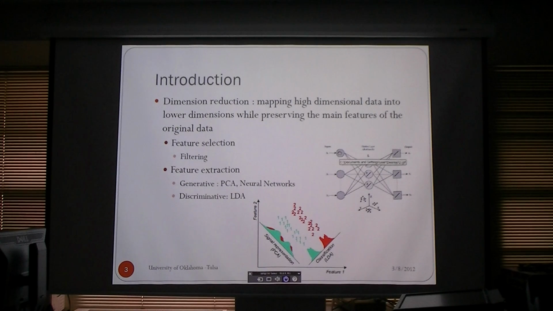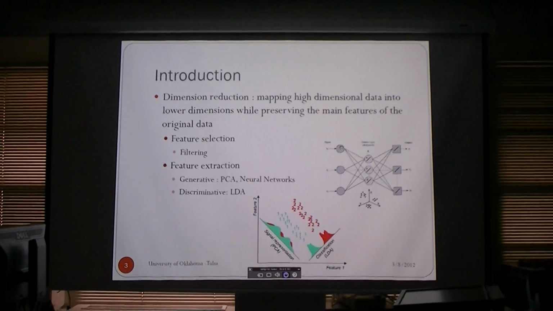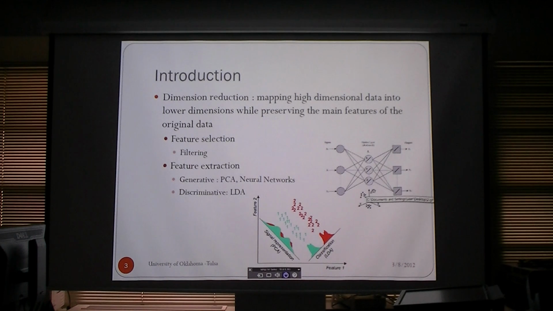If we can train a neural network where the input and output are the same, but the number of hidden nodes in the middle is less than the number of inputs, it is a dimension reduction, because we have, for example, n inputs and k hidden nodes, and we can use the information of these k nodes to reconstruct the original data, which is in the n dimension space.